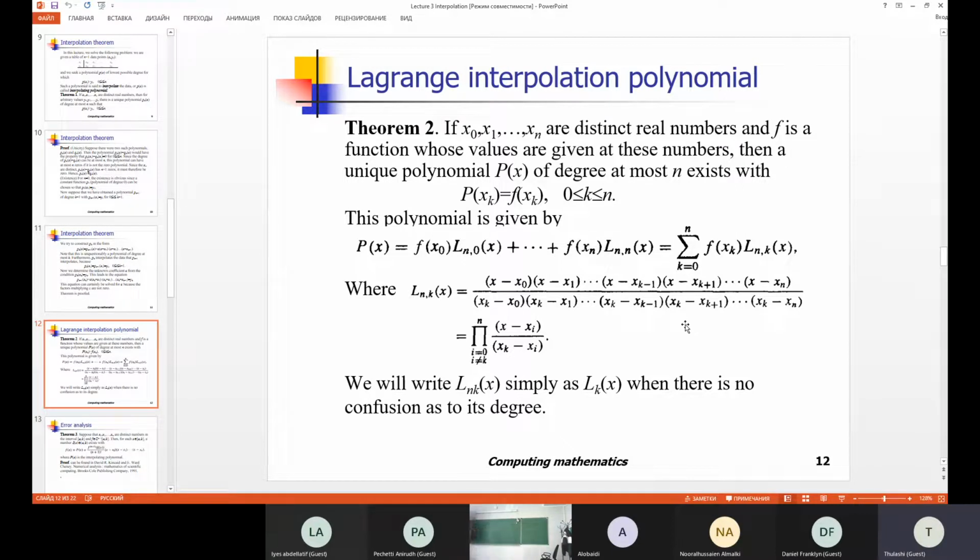I just rewrite this formula on the board for n equals 2. f0, f1, f2 are constants, are given numbers. Now the main question, how to write L0, L1, and L2.